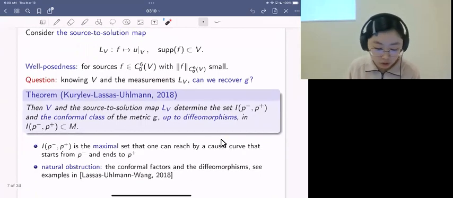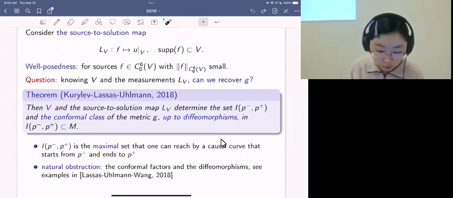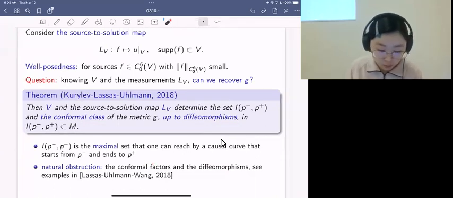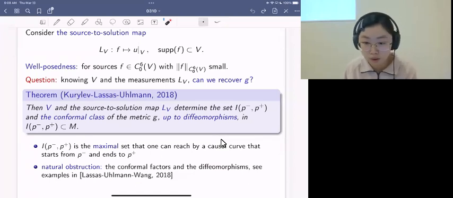Here we consider the recovery in this diamond set because this is the maximum set that one can reach by a causal curve that starts from p minus and ends at p plus. And the conformal factor and diffeomorphisms here are natural obstructions, and there are counterexamples constructed in the paper by Lassas, Uhlmann, and Wang in 2018.